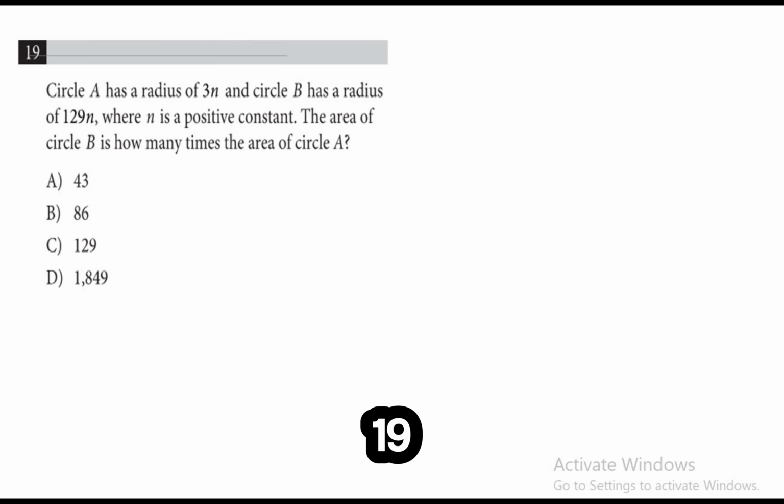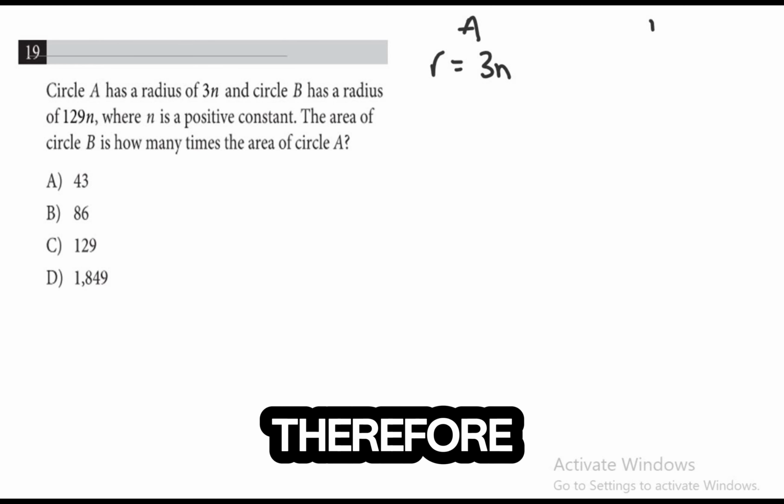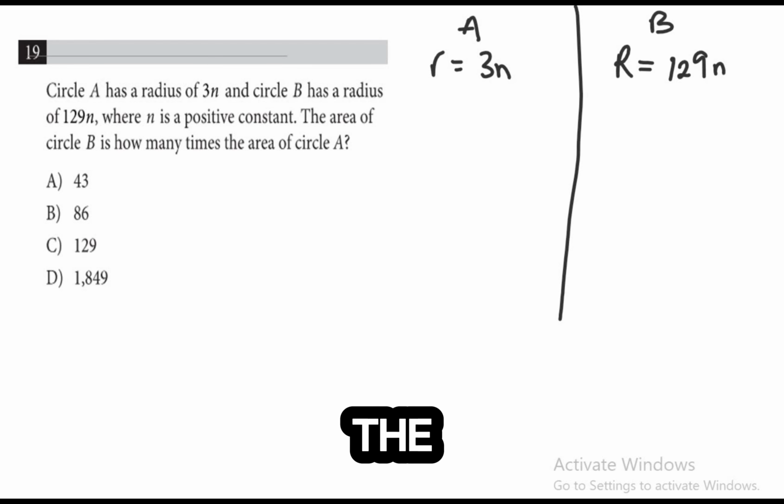Question 19 gives us two circles with radius 3n. For circle A, the radius is 3n. Then for circle B, which has a larger radius, I will use the uppercase R, which is 129n. So we can get the area of the two circles.